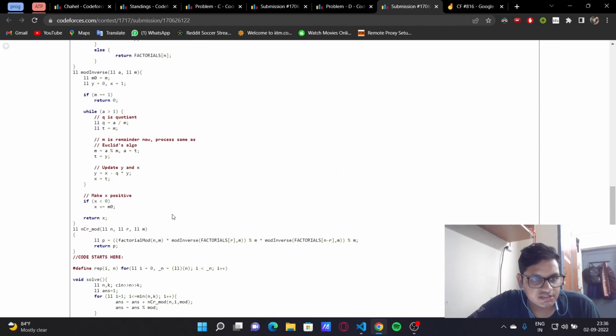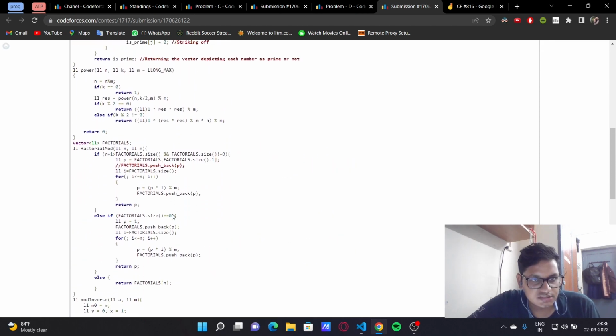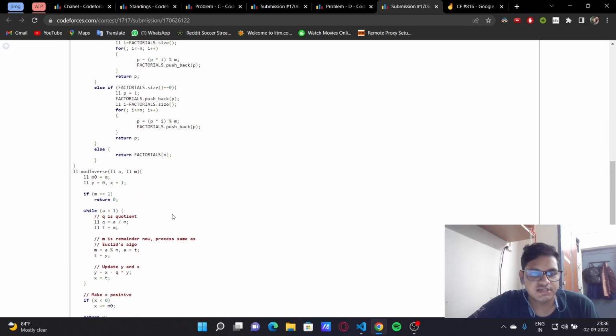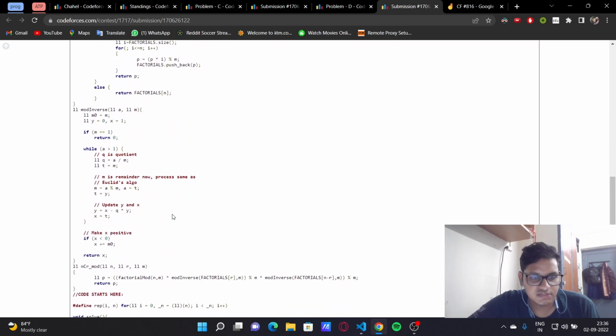And to calculate NCR, this is a template function that I keep with myself because it makes my life easier. So I calculate the answer P as n factorial divided by r factorial into n minus r factorial, the basic formula. And for this, I've used another function, factorial mod.